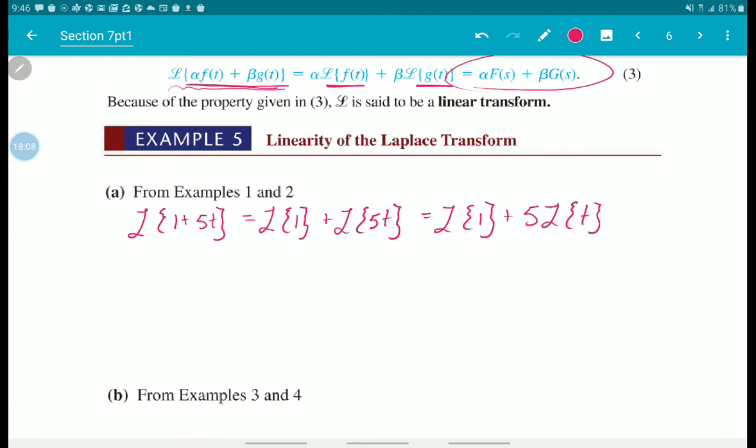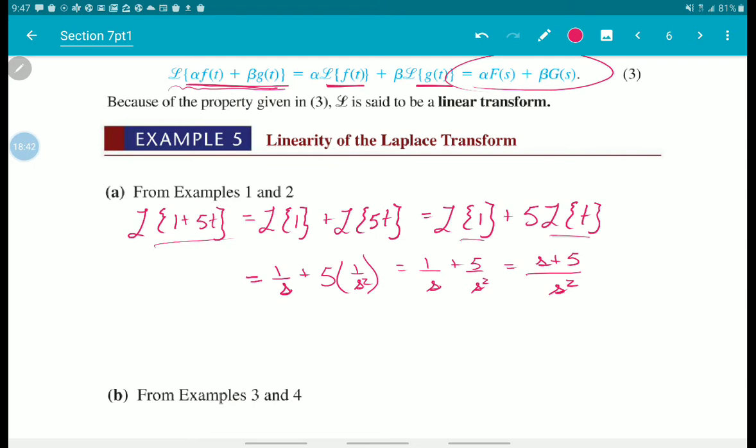So instead of having to do the integration for this guy, if we already know this and we know this, then we know that. So then the Laplace of 1 was 1 over s. The Laplace of t was 1 over s squared. So our final answer would be 1 over s plus 5 over s squared. Or we could say s plus 5 over s squared.